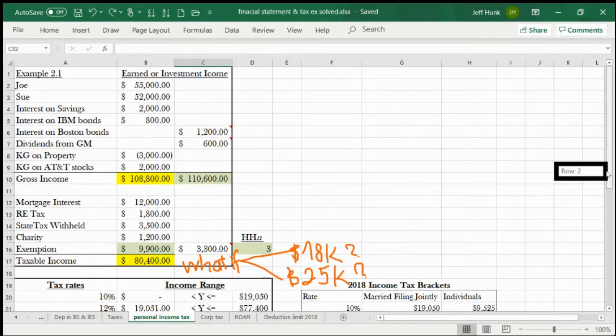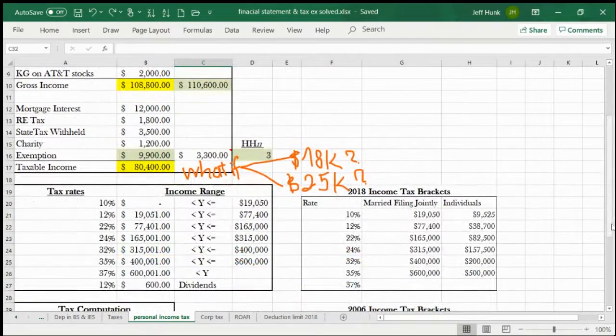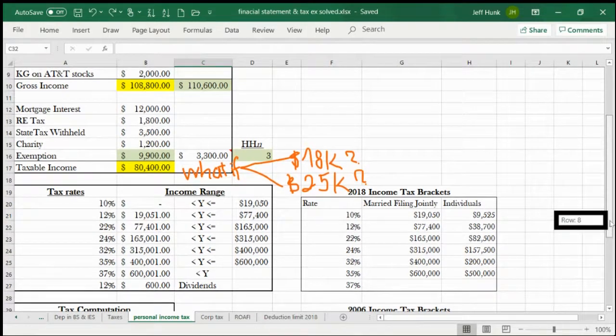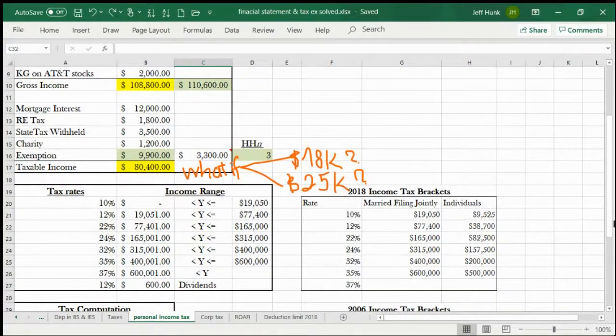And the rest of it, the calculation of gross income and taxable income, must be calculated automatically by the program. That's the point. We want Excel to do that.